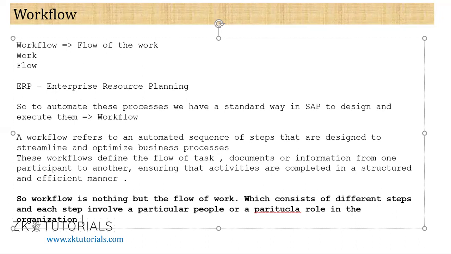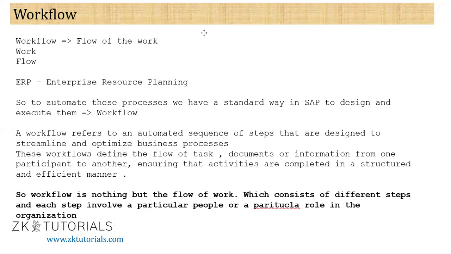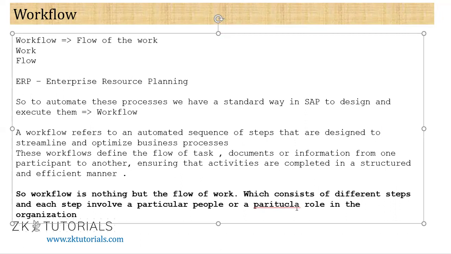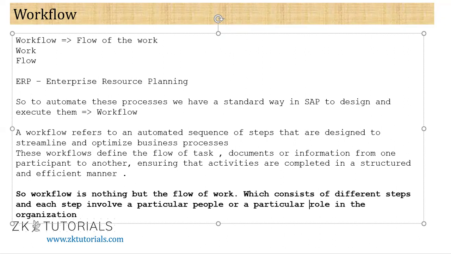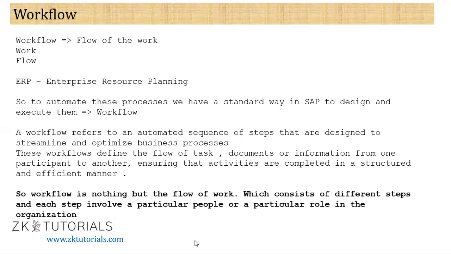Correct? Whoever has a role will be assigned to approve or reject that workflow, whatever the role is. Okay. Correct, guys. I hope this one is clear to everyone till here.